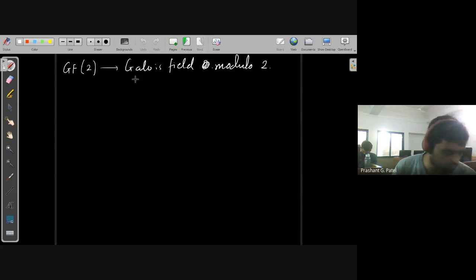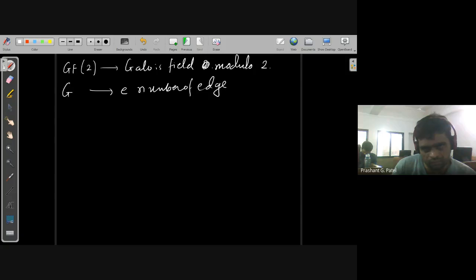In particular, if you are given any graph G with e number of edges, then how many possible subgraphs of the graph G are there with the same number of vertices? Vertices will not be changed, they will remain the same.